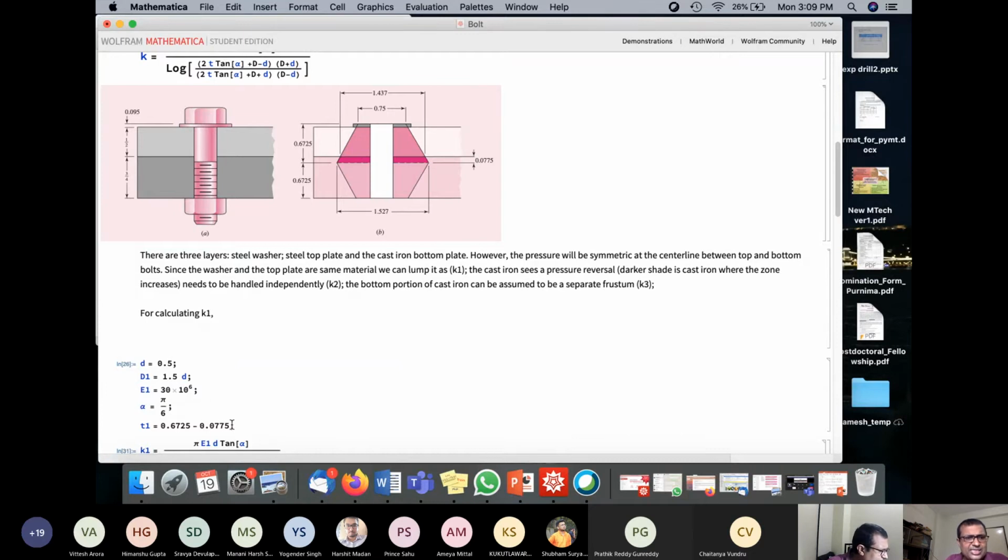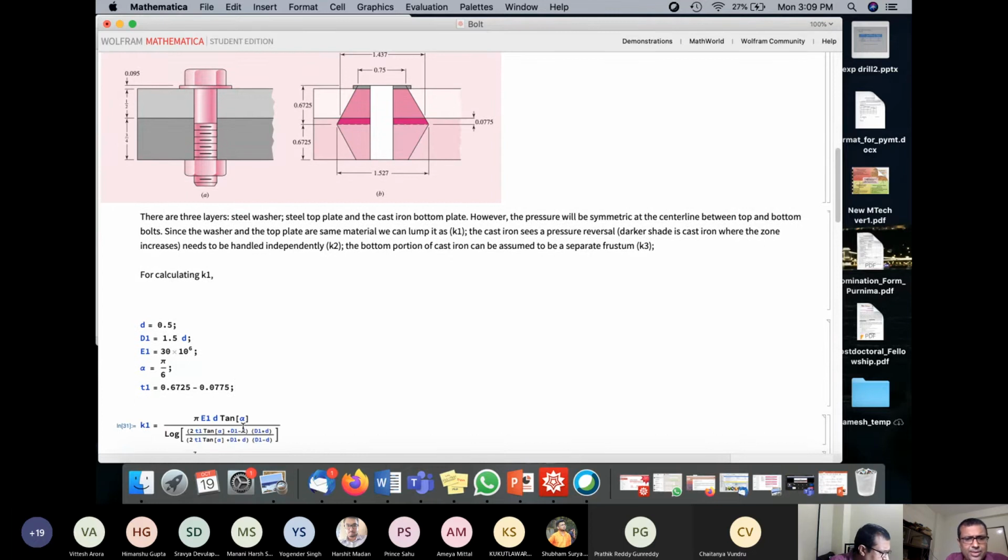So if I say this distance, this should be exactly equal. Let me say T is equal to 0.5 plus 0.095. Both should come out to be the same. This T1 and T should be the same. Let me just go ahead and first do this.